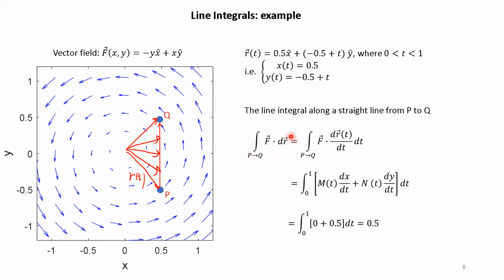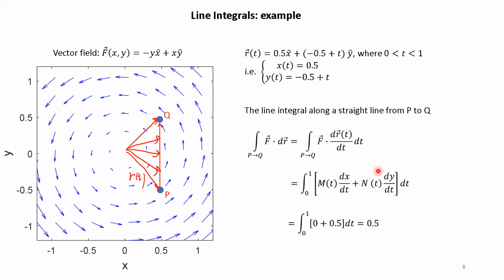Just use this chain rule, written as F dot dr/dt dt. And if I do this dot product, the x component of F times the x component of this dr/dt given here, plus the y component of F times the y component of this.